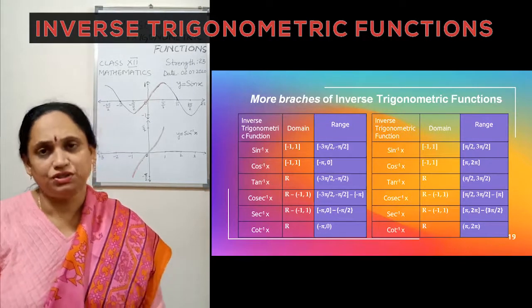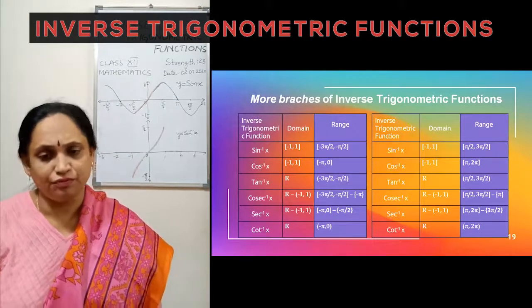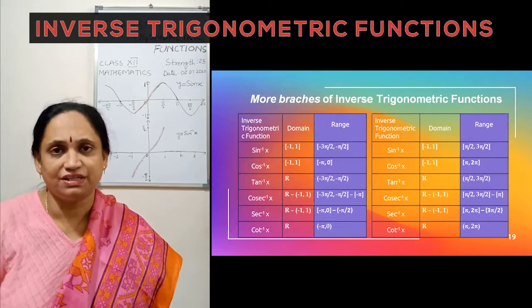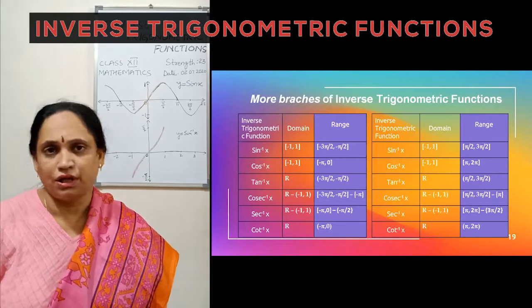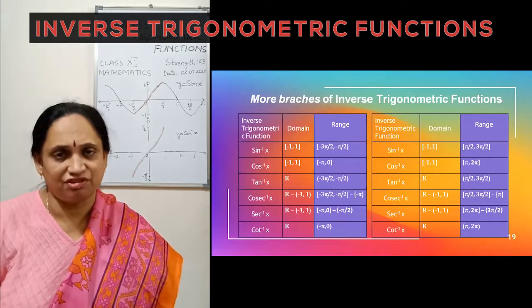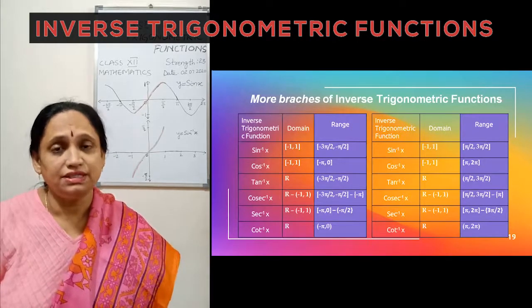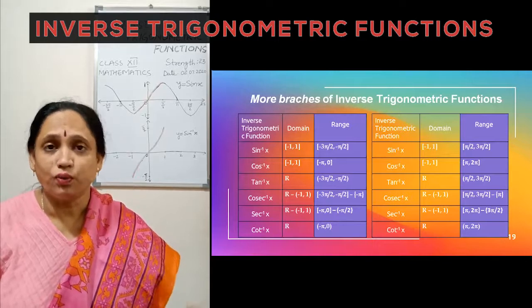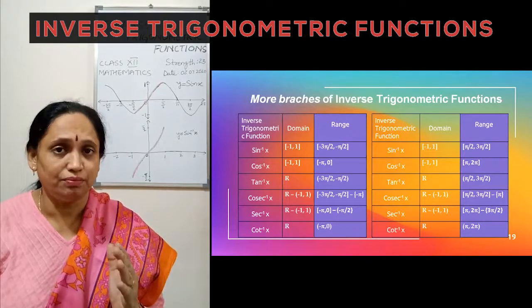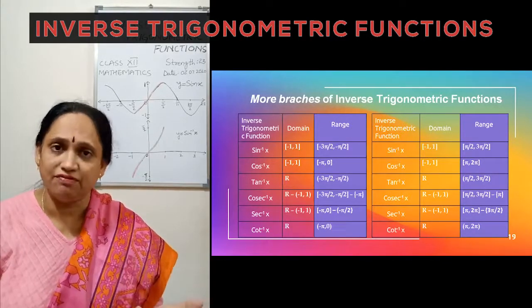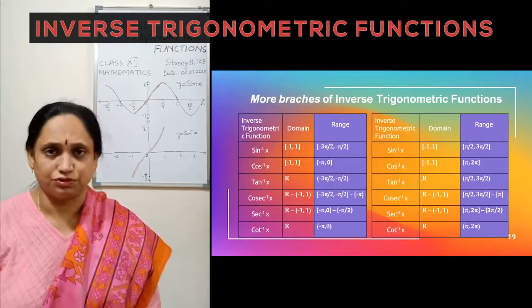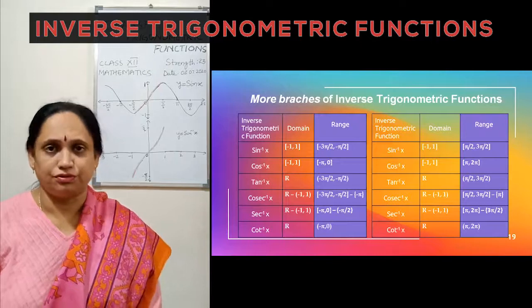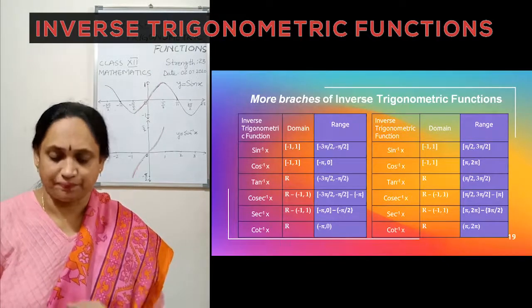There are infinite number of branches that you can find where the trigonometric functions would be one-one and onto, and you can find the inverse trigonometric functions everywhere. So that is the reason you need to look at the question whether you are asked to find a principal value branch or any value. Okay, the general solution or the principal solution, which you would be doing later on when we do the exercise.